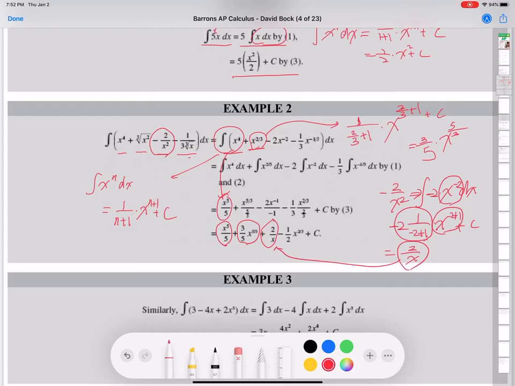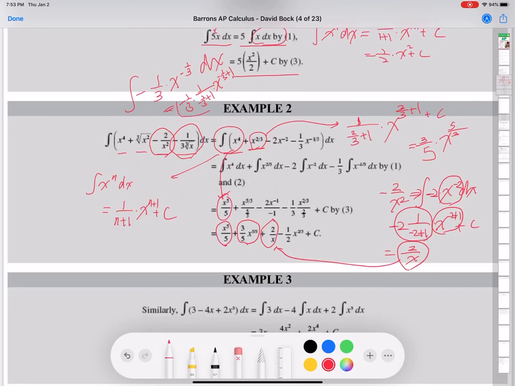And the last part is this, right? It is 1/3 of the coefficients, right? So negative 1/3 times integral 1 over cube root x. Cube root is 1/3 power, so x to the negative 1/3 power. N is negative 1/3. So integral of this part, negative 1/3 times 1 over negative 1/3 plus 1 times x to the negative 1/3 plus 1.